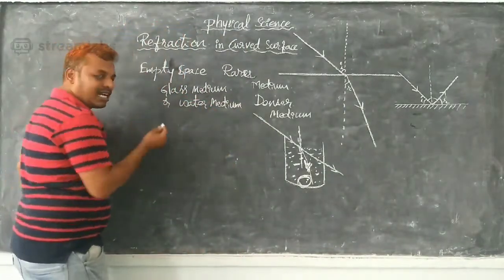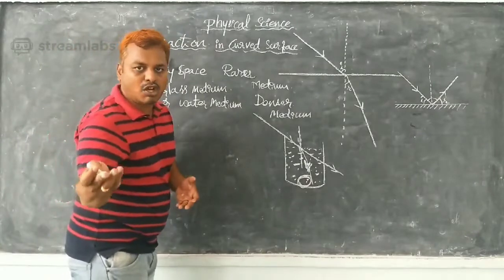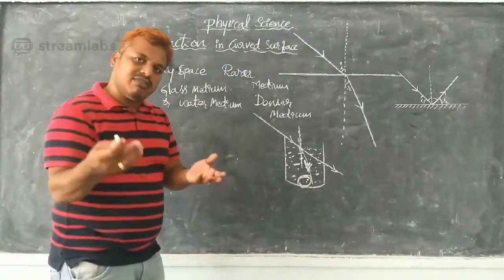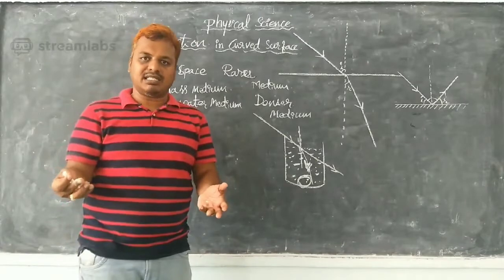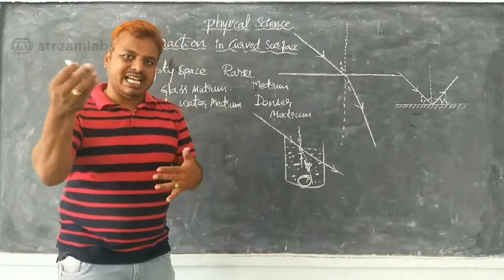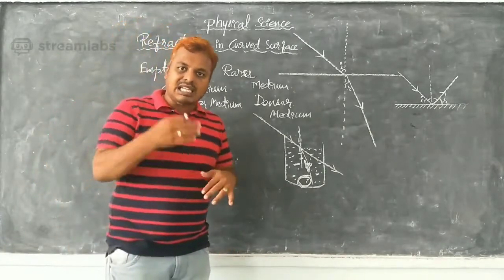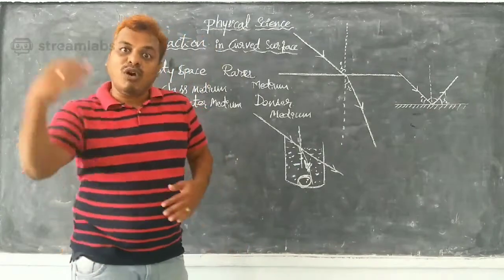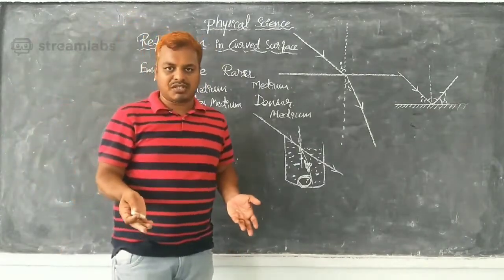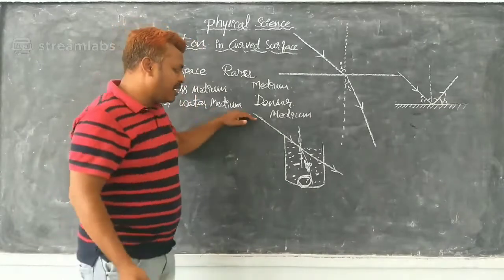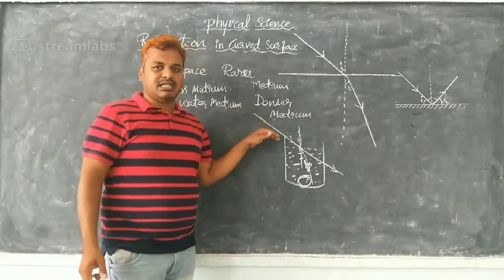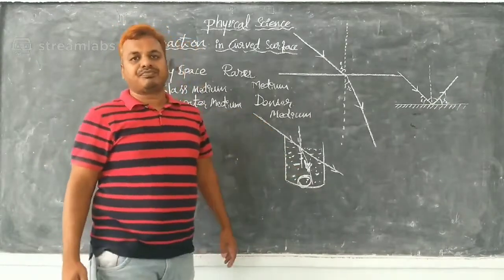We already saw in gases, liquids and solids that solids always have more material particles, liquids less than solids, and gases less than liquids. So the air medium is less dense compared to the water medium.